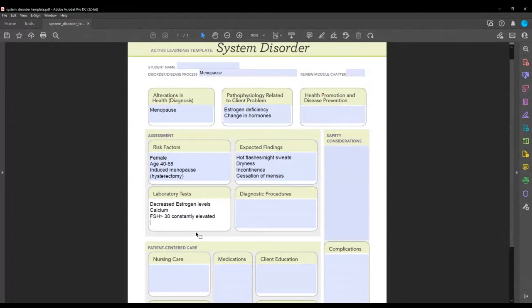Another big one that we want to check is going to be our cardiovascular labs, because as we hit menopause, we have an increased risk of cardiovascular complications, right? So we want to check our cholesterol. So the LDL and the HDL.